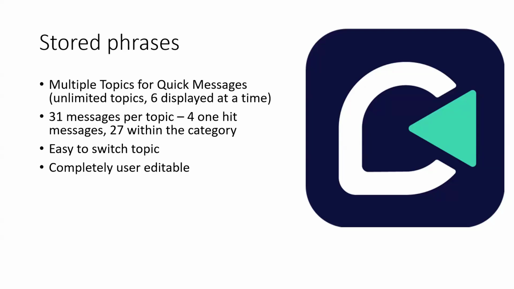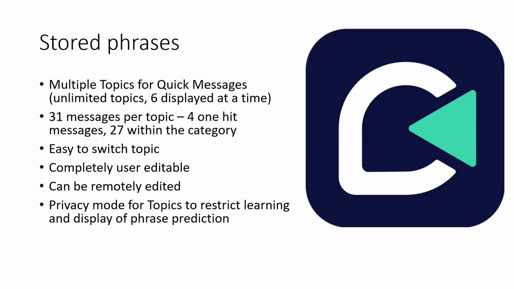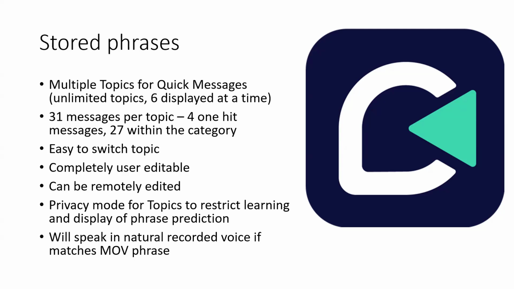But if you do have a user you want to support a bit more, those can be remotely edited when you sign into the Tobii Dynavox and use the backup and restore facility. So someone can do that without actually having the user's device. And as I mentioned before, it's possible to use a privacy mode for topics to restrict learning and display of phrase prediction. I'm going to try and do this as a live demo again.